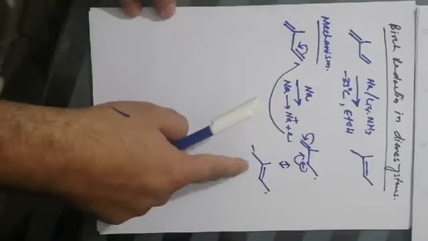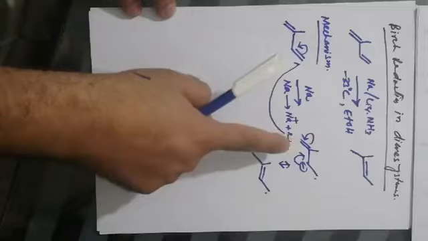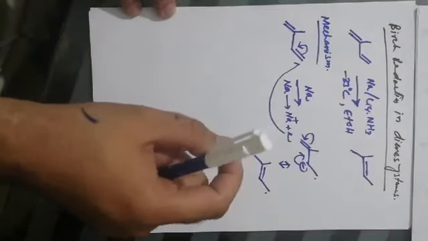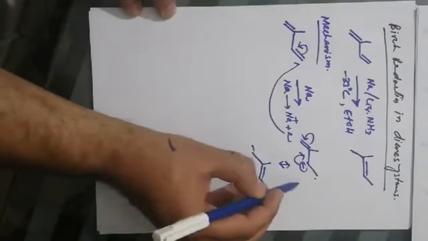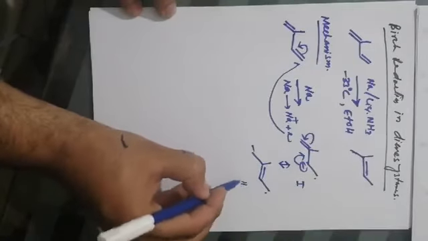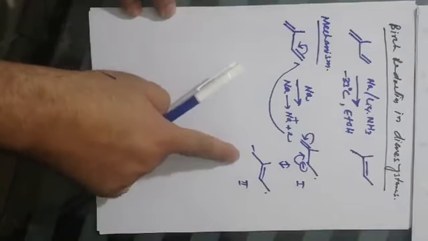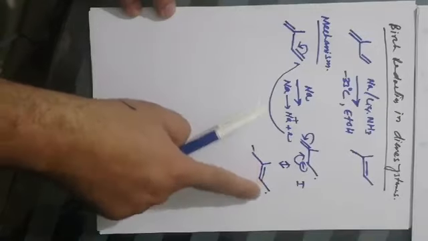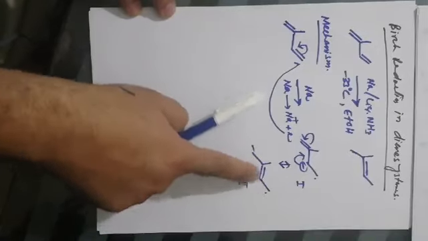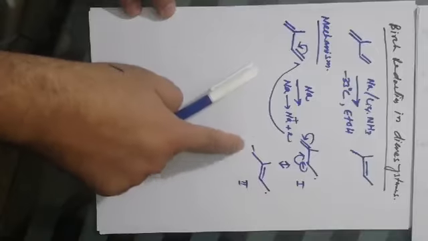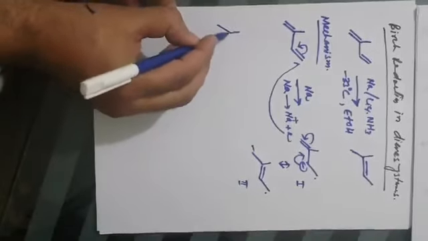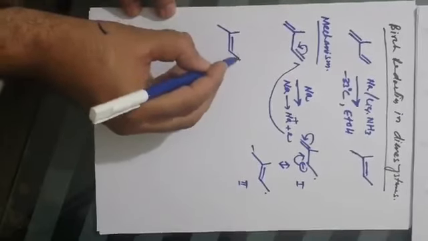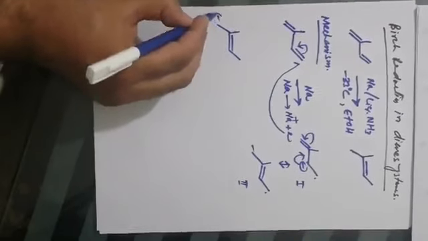Now you will have to compare the resonating structures, which is more stable. So you will see that this is 1, this is 2. The 2 is more stable because the negative charge and electron are far from each other. So this is more stable. This will undergo reaction further.